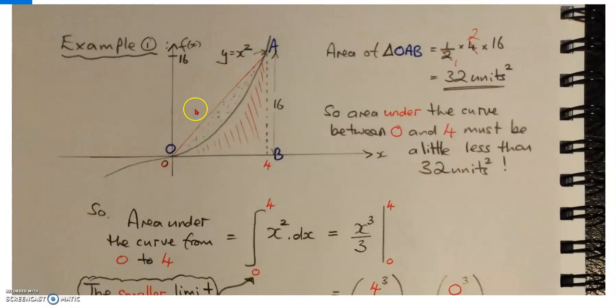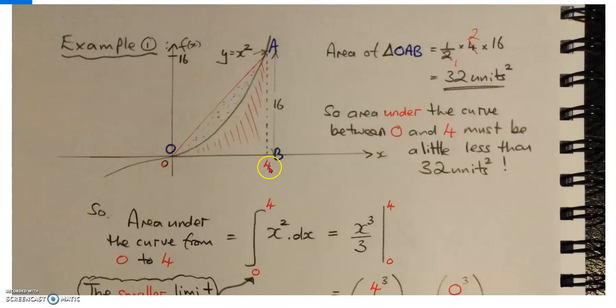So we've got this triangle, and we're trying to find the area of the triangle. Well, the area of any triangle is half the base times the perpendicular height. The base here is from 0 to 4, so we go half of 4 times the perpendicular height. We get the perpendicular height because we know this function is y equals x squared.